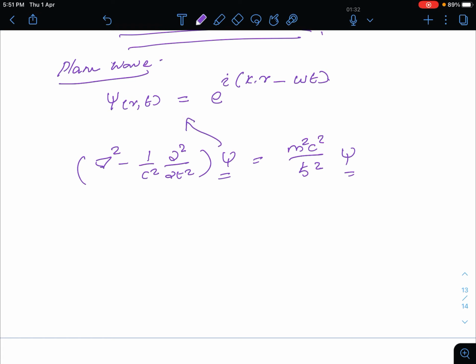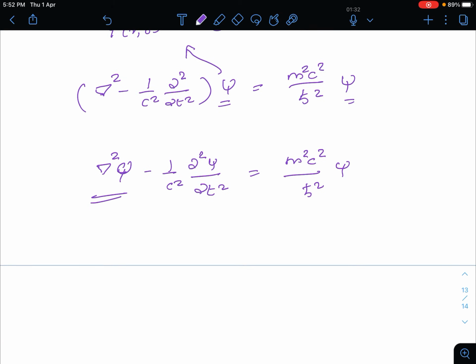So del square psi minus 1 by c square dou square psi by dou t square is equal to m square c square by h cross square psi. Am I right? First of all, let's find out what del square psi is as far as the plane wave solution is concerned.